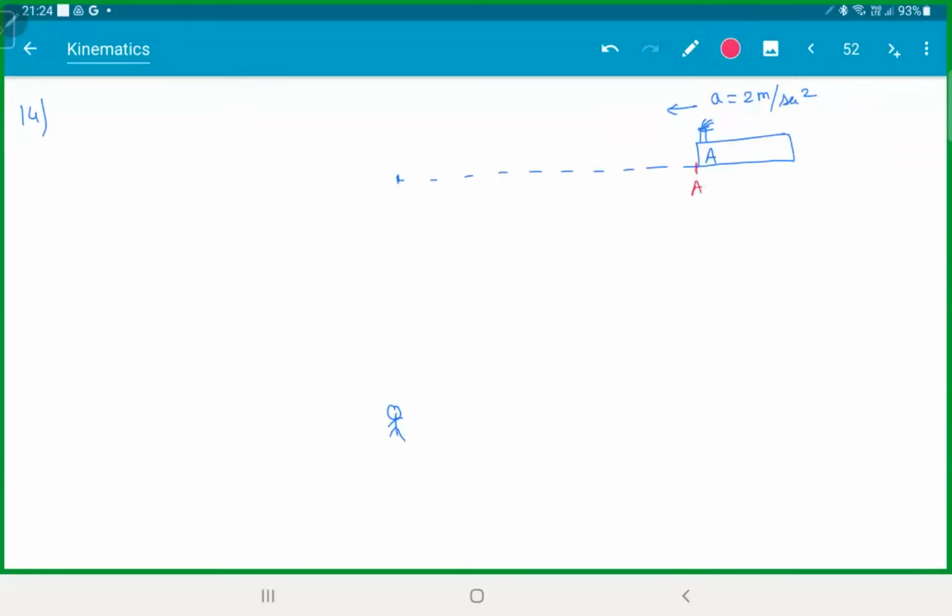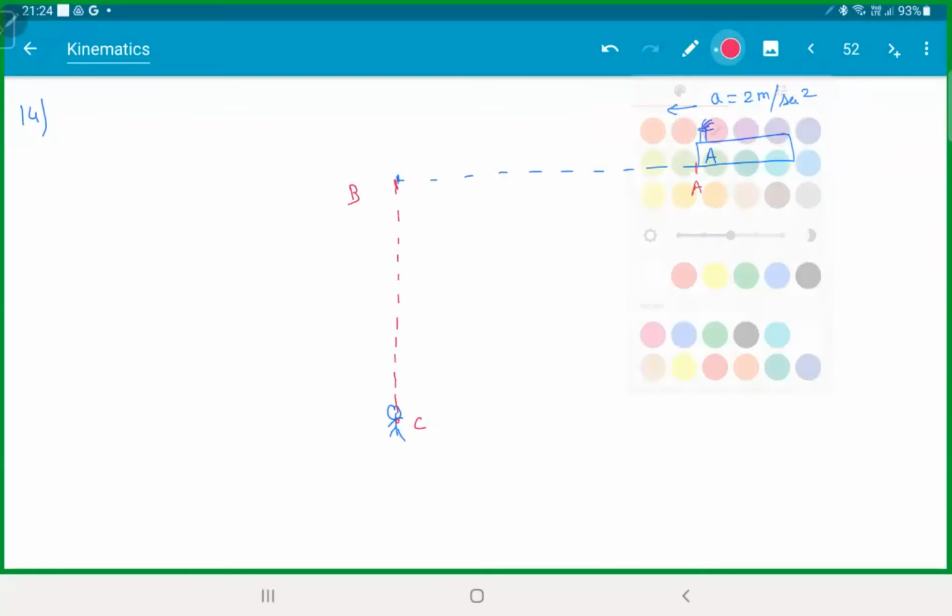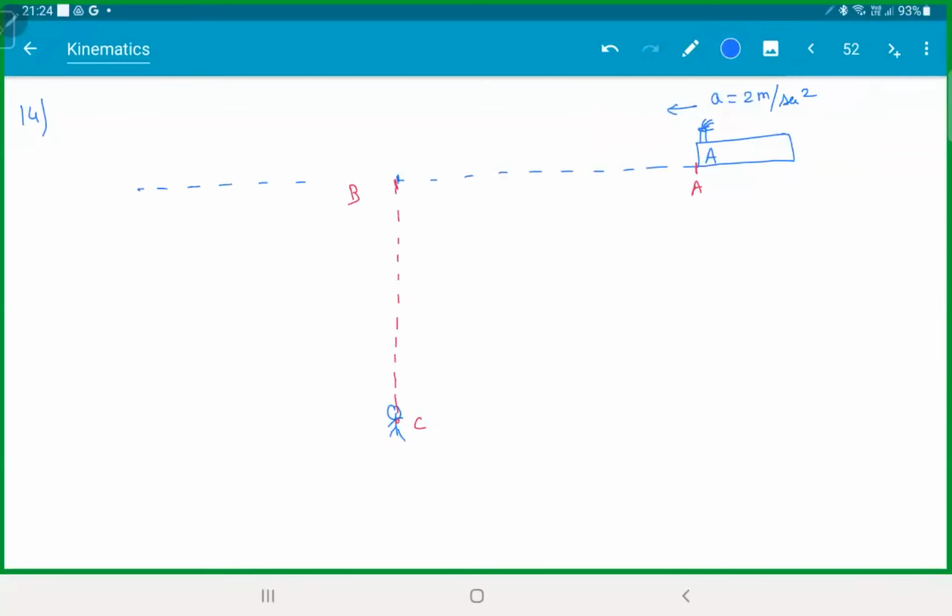So this is position A, this is position B, and this is position C. This line BC is perpendicular to the railway track. And this distance is 400 meters, and B to C is 300 meters. So this is the scenario.